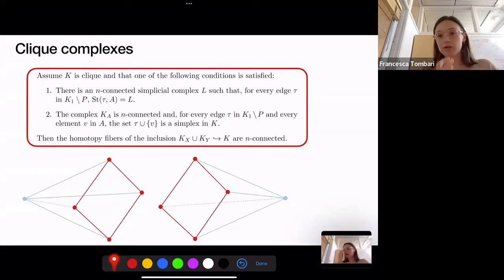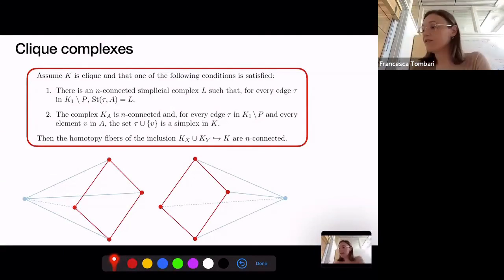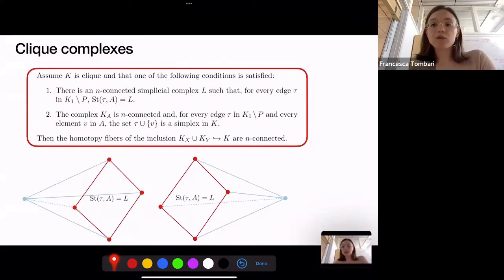This is another picture of the same decomposition, in which instead I've highlighted in red the intersection of the two coverings of the vertices. Observe that this is also the obstruction complex of the edge tau that we considered, and this L is one connected.